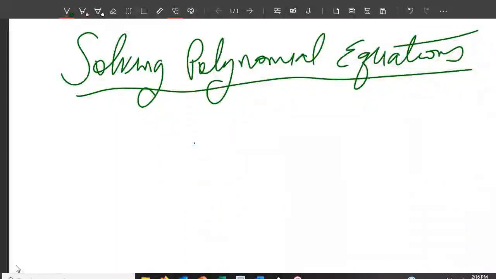Okay, this next section is on solving polynomial equations. I did a couple of these in the last lecture, and I want to do one just to remind you of what we were doing.